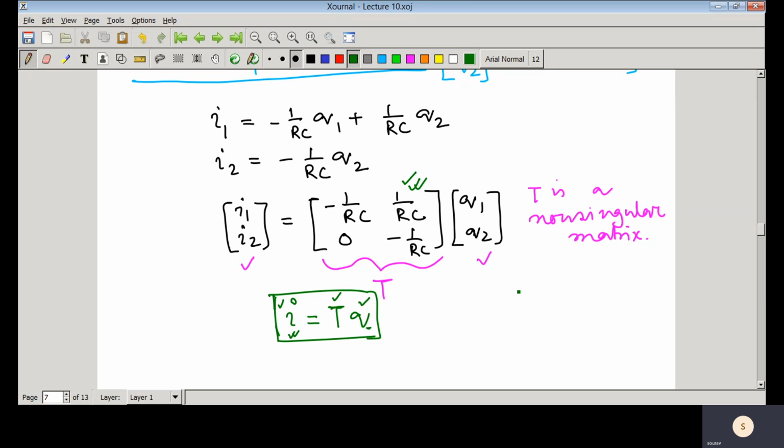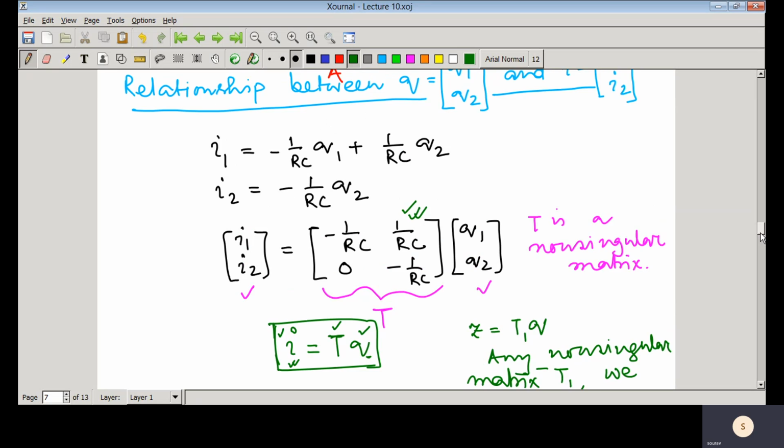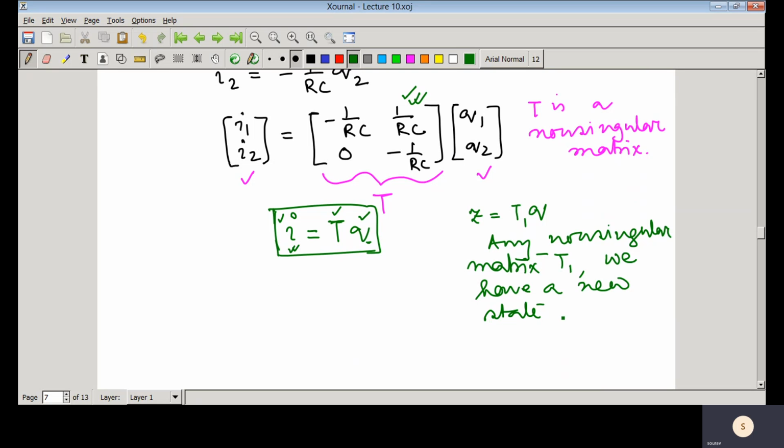So if you take any non-singular matrix, say T1, we have a new state vector, Z. This Z may or may not have any physical meaning, but you can get an infinite number of state vectors just by taking different T1.